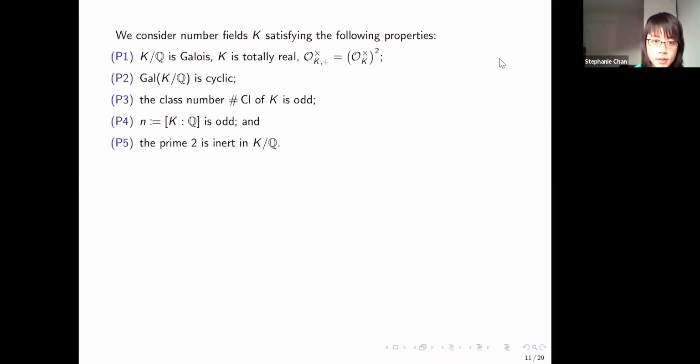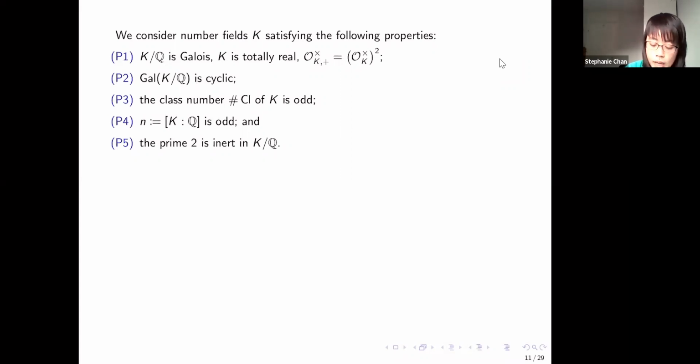We also assume that the Galois group is cyclic, that the number field has odd degree, and that the prime 2 is inert in K. So P1 and P3 here are for the definition of spin, but P2, P4, and P5 are to make our problem more approachable and limit to a case where we can state some formulas explicitly.